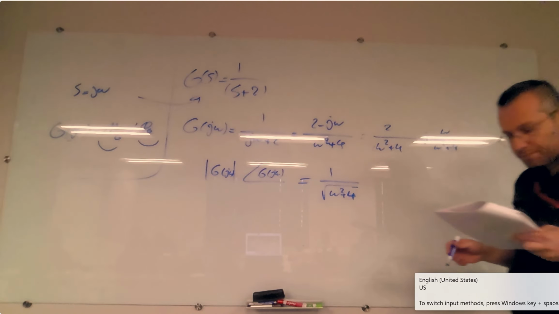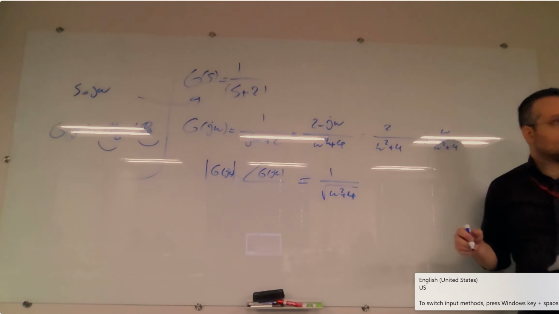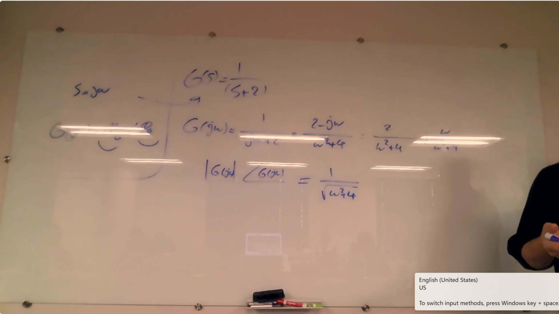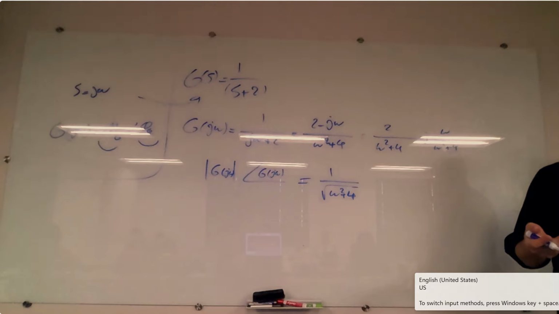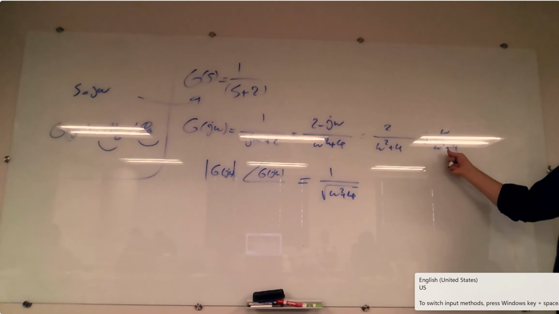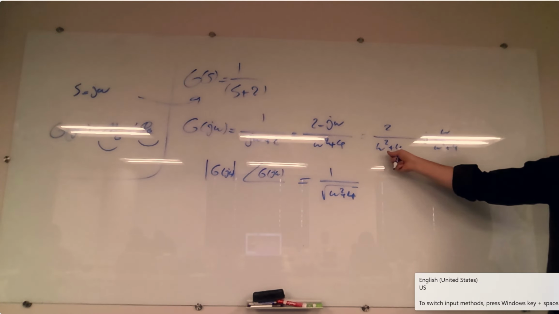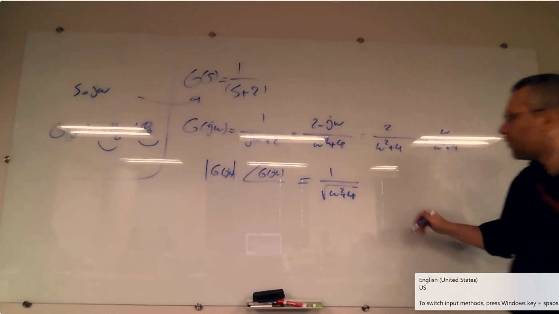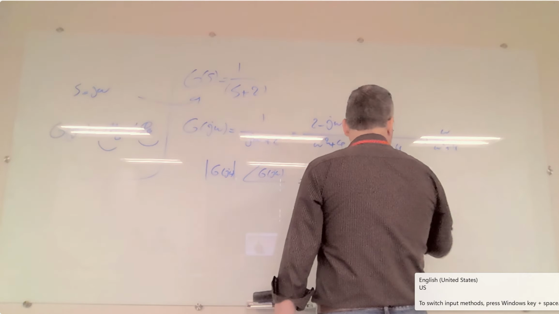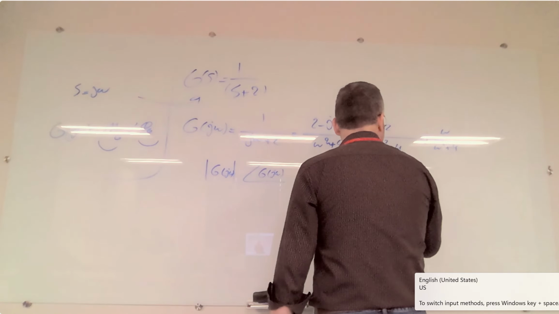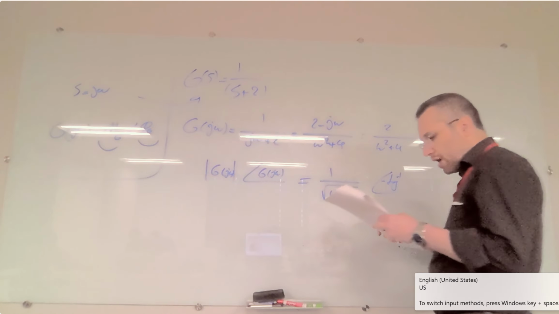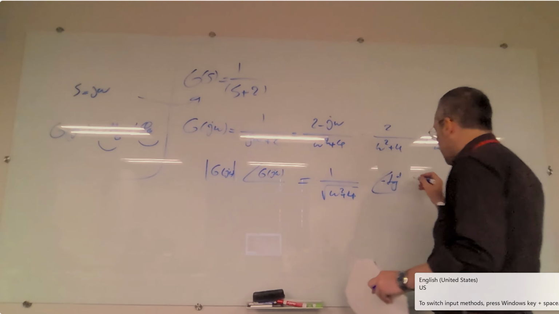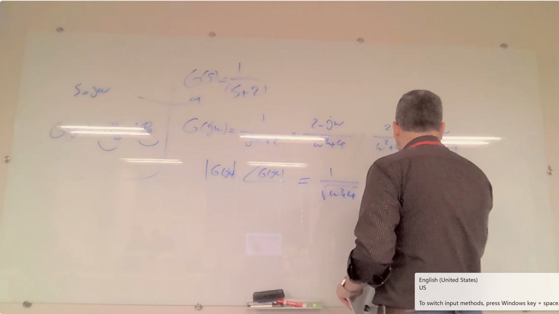What about the phi? We said we can use the tangent relation, right? The tangent is imaginary over real. So phi is tangent inverse of imaginary over real. So it easily can be seen that phi is going to be tangent inverse, actually minus, because we have a minus here, minus tangent inverse of omega over 2.